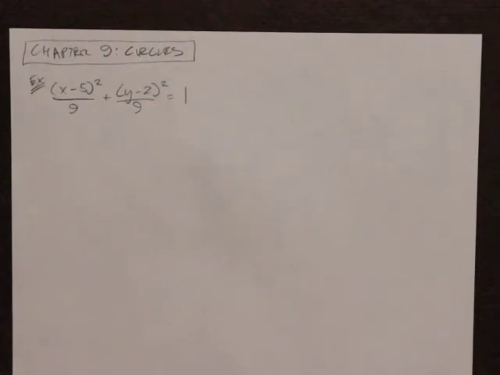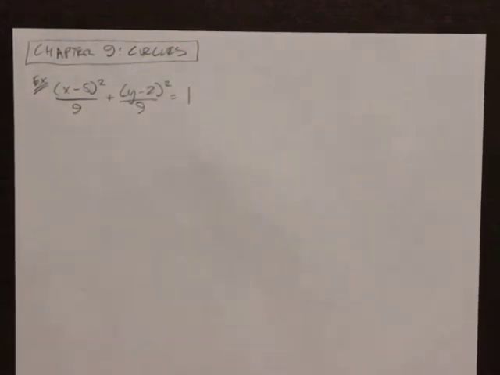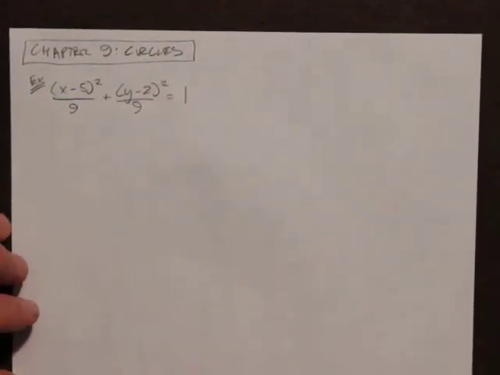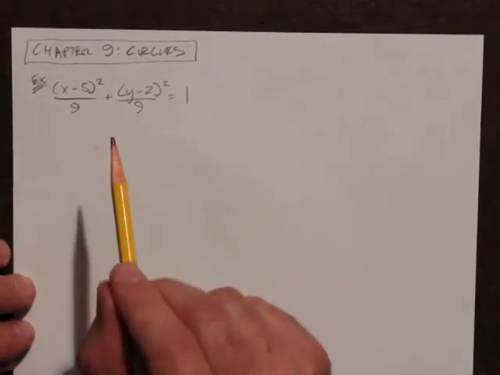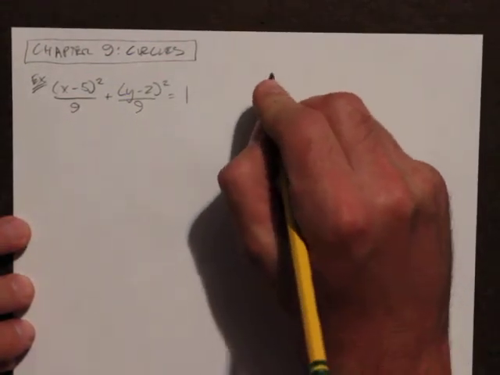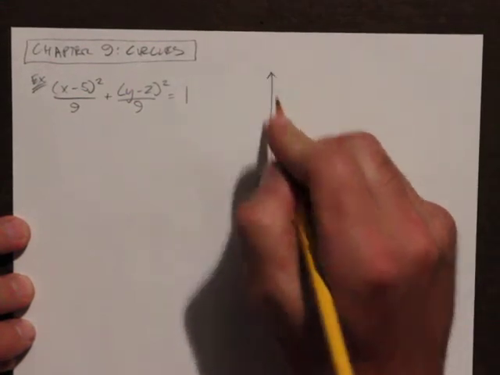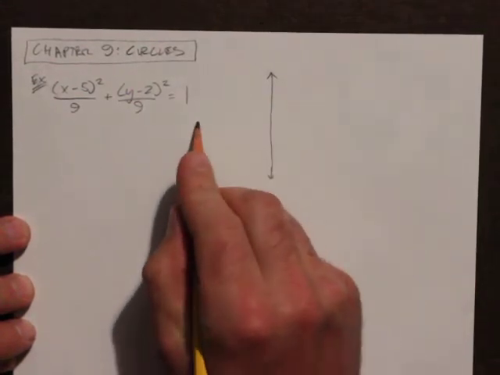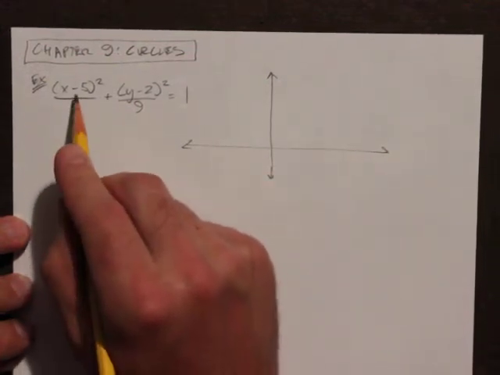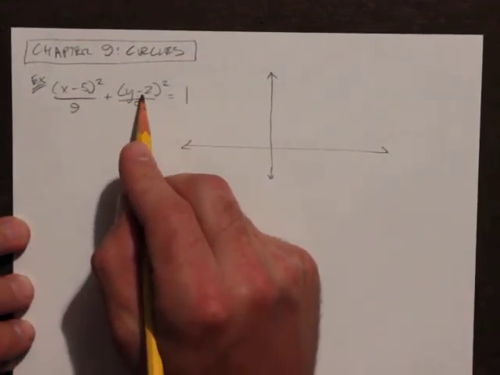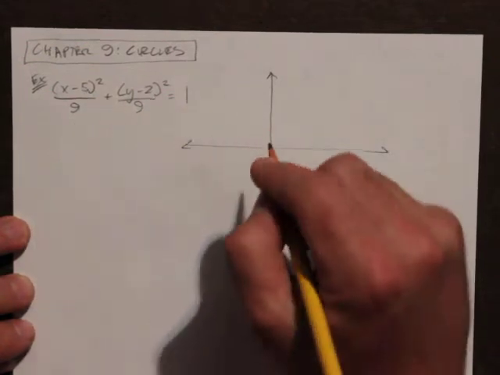Alright, so in the ellipse video, we learned how to graph this ellipse. So let's graph this ellipse. We know that our vertex is 5, 2.